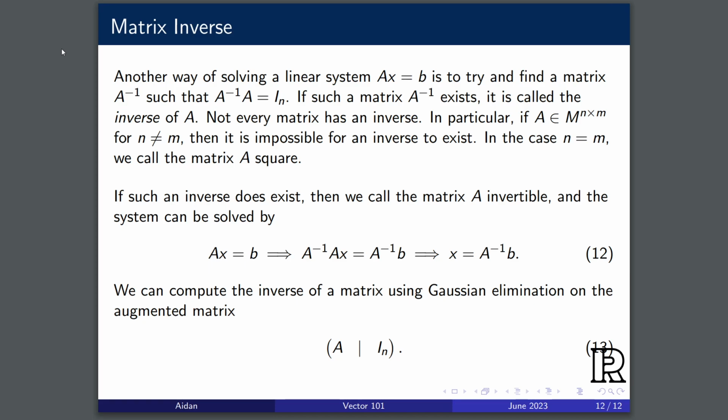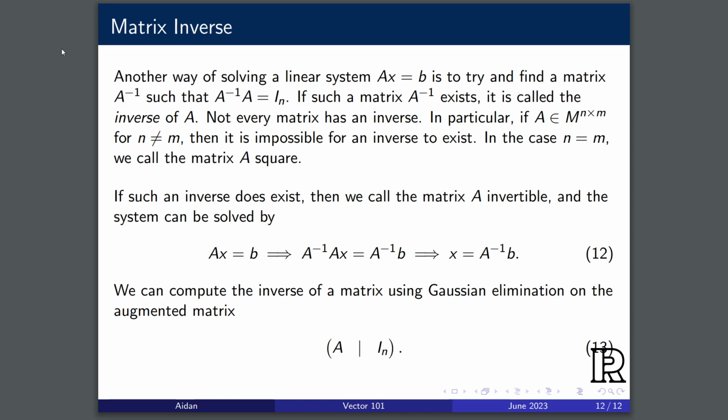If such a matrix exists, we call it the inverse of A, but not every matrix has an inverse. So non-square matrices, matrices where the number of rows and columns are not equal, do not have inverses. If the number of rows equals the number of columns, we call the matrix square.